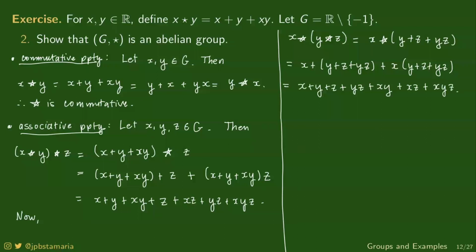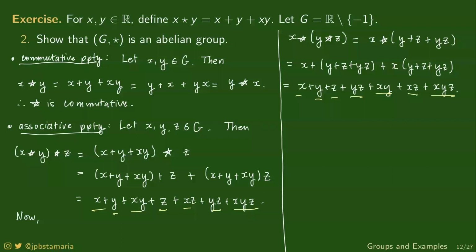Okay. Now all we need to do is to check if the terms are identical. No? For example, my x, my y, my xy, my z, my xz, my yz, and my xyz. So as you can see, they are actually equal by the commutative property for addition.